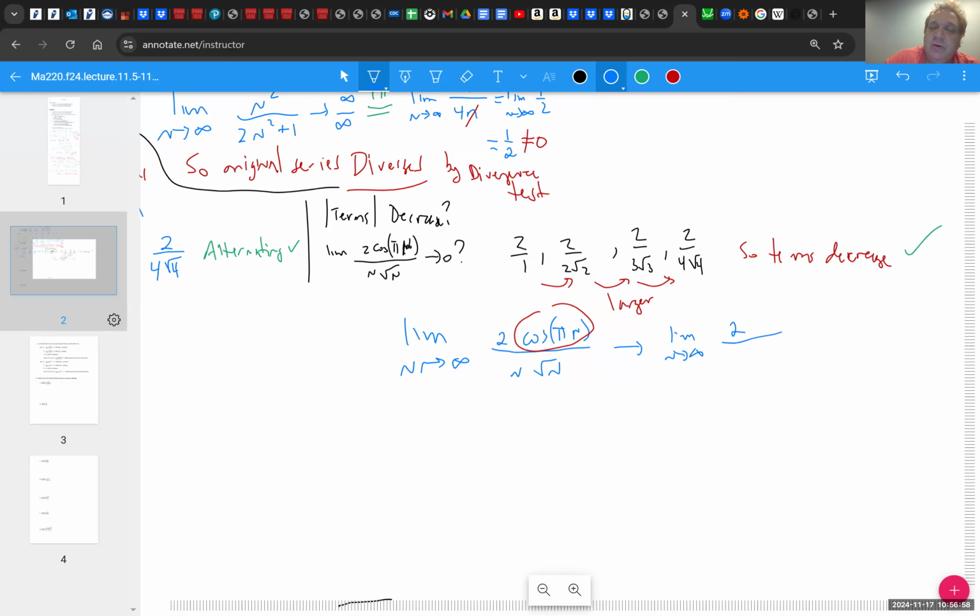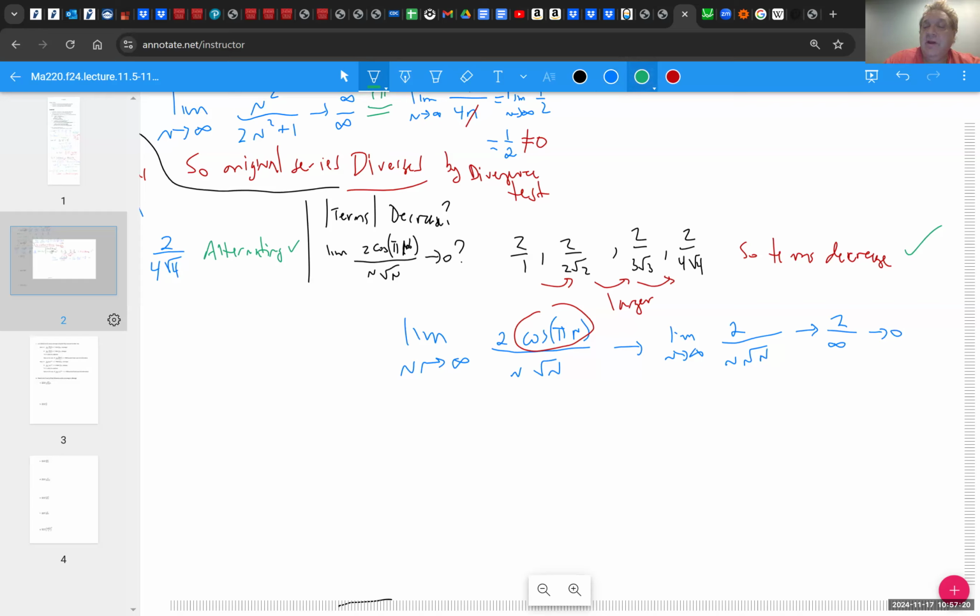So we'll do 2 over n√n as our limit that we're looking for. So what happens here? Well, we get 2 on the top, and on the bottom we have infinity times the square root of infinity, which is infinity. So this limit goes to 2 over infinity. 2 divided by something infinitely large goes to 0.